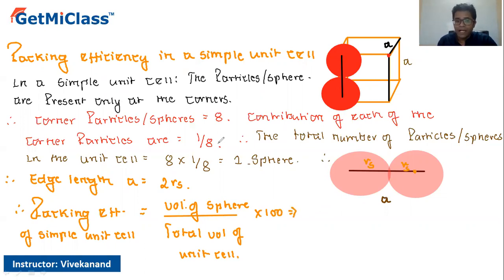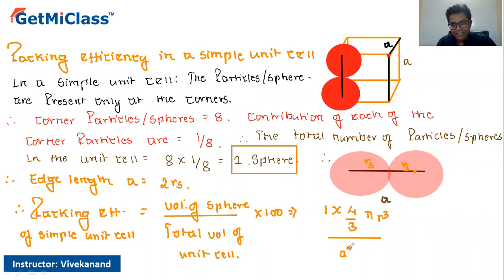How many spheres do we have? We have seen that there is only one sphere after the contribution. So we have 1 into the volume of a sphere, which is 4 by 3 pi r cube, divided by the total volume of the unit cell, which is a cube, into 100.